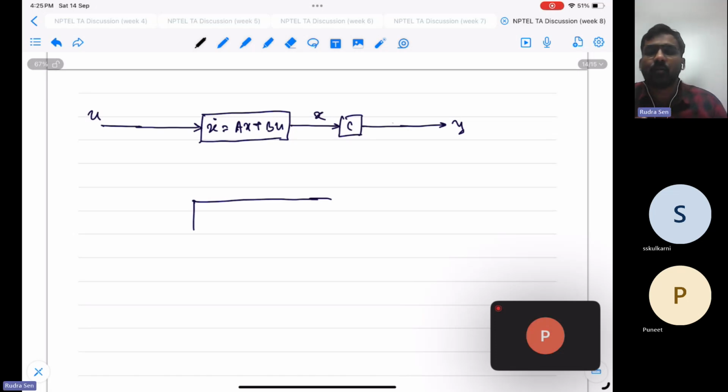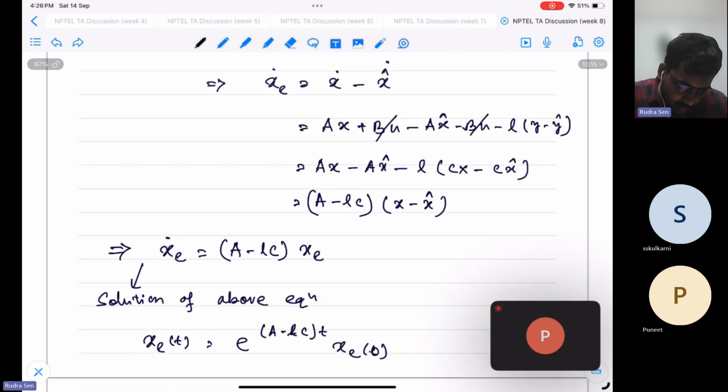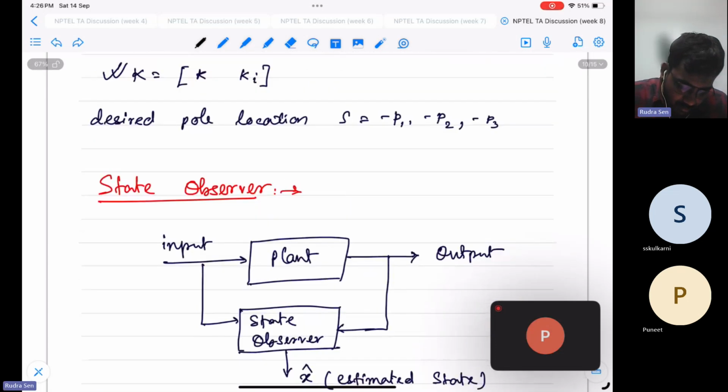This type of observer is called a Luenberger state observer.